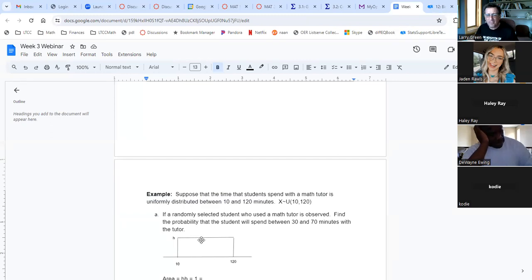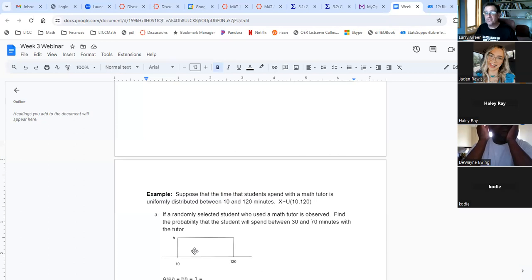What is the area of the whole rectangle? The hint is it's easy. What's the area of the whole rectangle? It's 1.